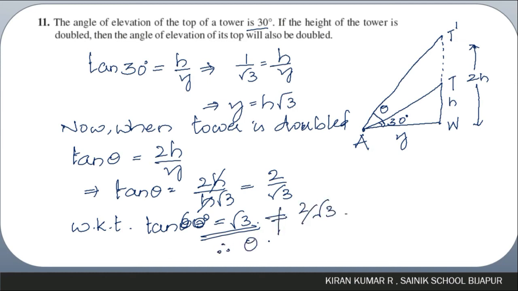Therefore, theta value is not equal to 60 degrees. What do you conclude? The angle is not doubled. This particular statement is a false statement. When the height of the tower is doubled, we will not get the angle of elevation doubled.